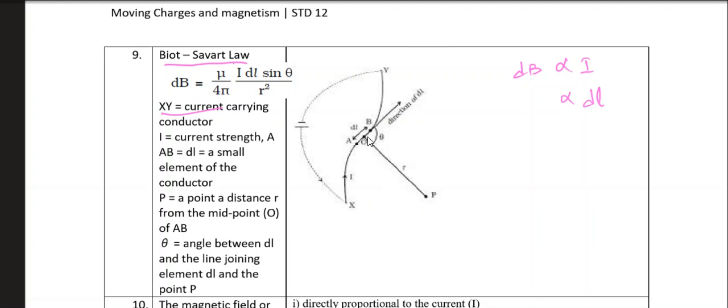Let us consider the smallest length element of the conductor, that is AB, which is represented as dl, the infinitesimally small length element of the conductor.